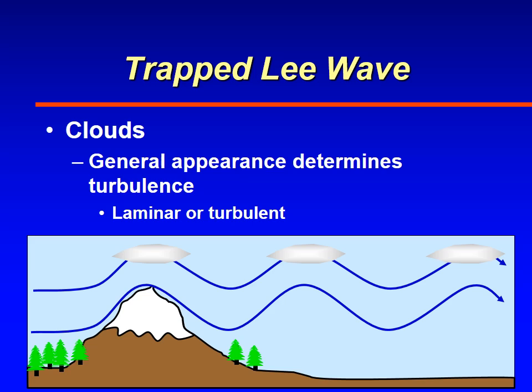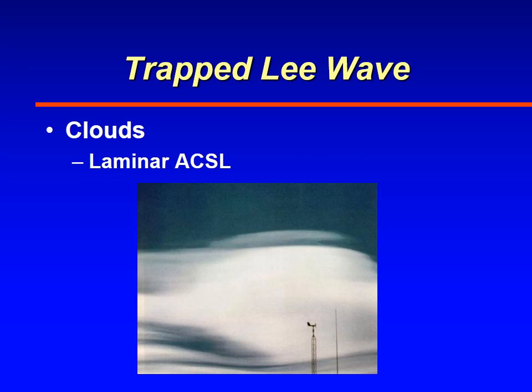Also, another thing about the wave is if you look at the lenticular cloud, that usually tells you about the turbulence associated with the wave. If the lenticular clouds look nice and smooth, then the wave doesn't have much turbulence up high, and you'll get a smooth ride except for the updrafts and downdrafts. And this is an example of what a laminar altocumulus standing lenticular cloud looks like.